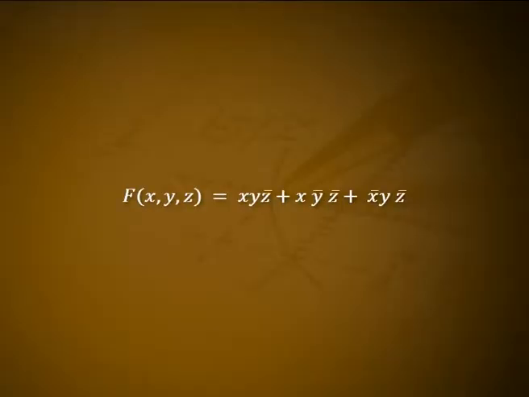The sum of products expansion of f is the Boolean sum of three minterms corresponding to the three rows of this table that give the value 1 for the function. This gives f(x,y,z) = x y z bar + x y bar z bar + x bar y z bar.